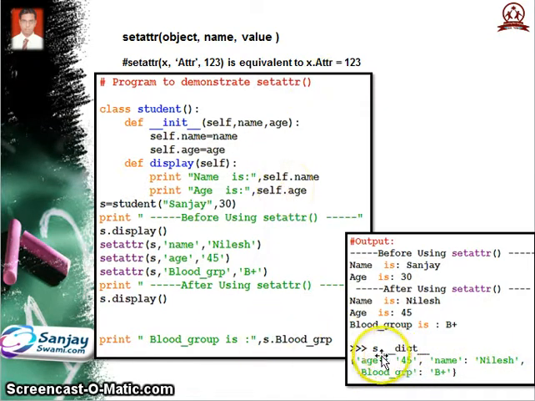So just to verify, we have used s.__dict__, which is again an inbuilt function, and it shows that the blood group attribute is newly added into the class. Of course, new attributes get added with setAttribute only when the class allows it, that is, if the object implements the __dict__ method with respect to that class. Otherwise it is not added into the class.